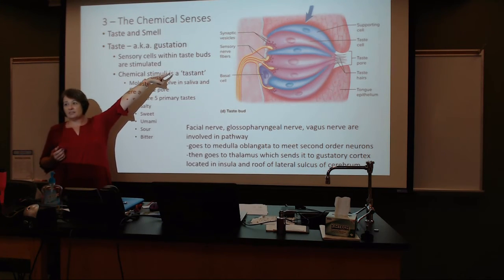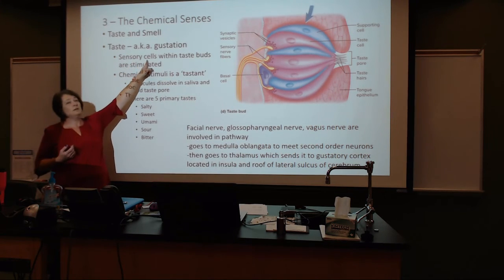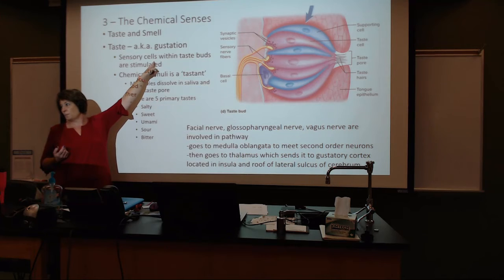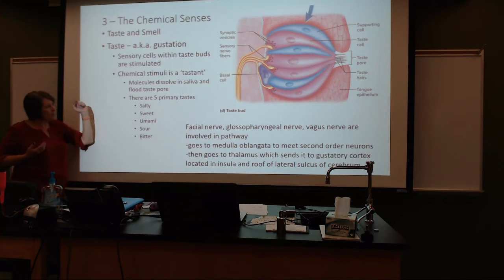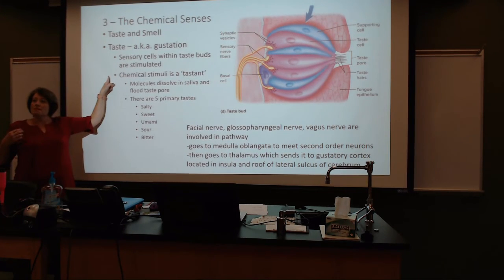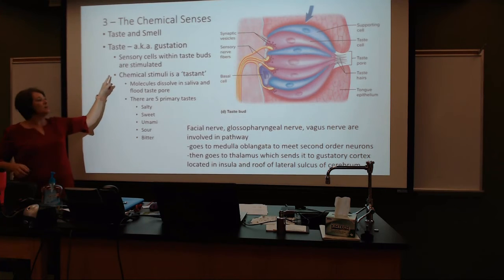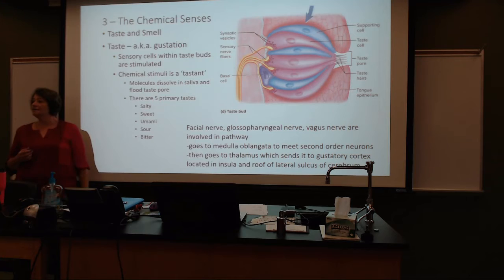When we look at these taste buds that we're kind of familiar with, because we hear people talk about that, within those taste buds, we have sensory cells. Sensory meaning information goes in, and when we do have a stimulus, that stimulus is termed a tastant.